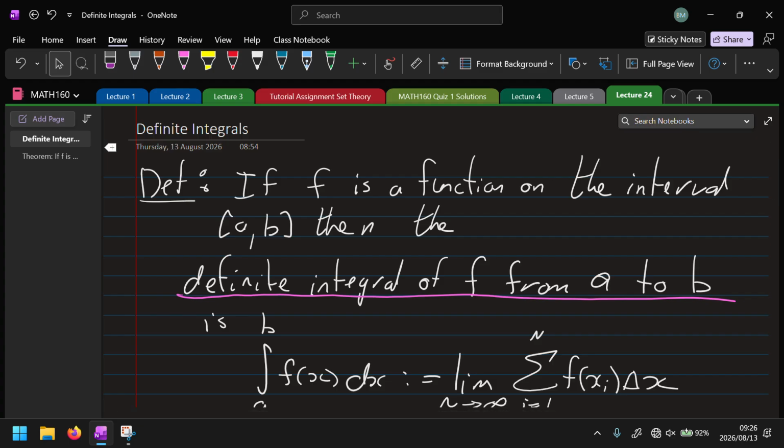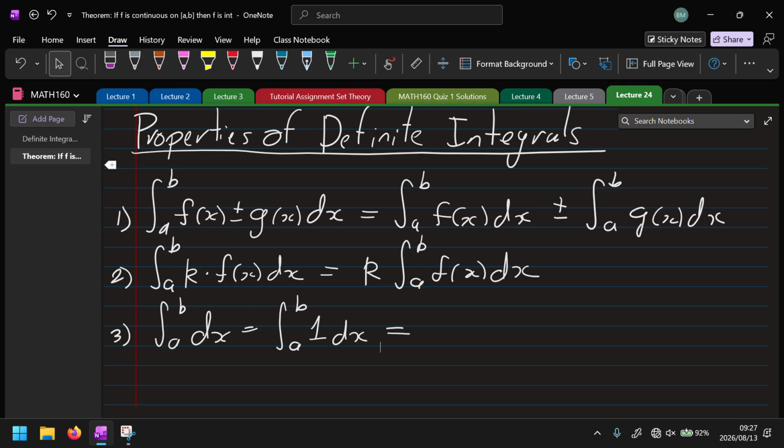That was our starting point and our ending point for it. B minus a, yeah, exactly. Because this a and this b were the starting and ending points for the area. So the base is just b minus a. Again, very simple stuff there.